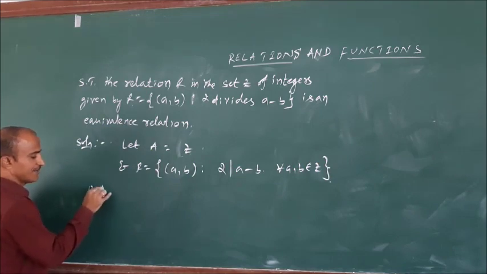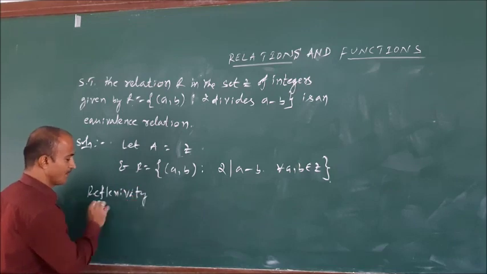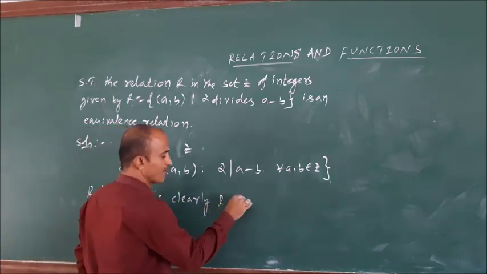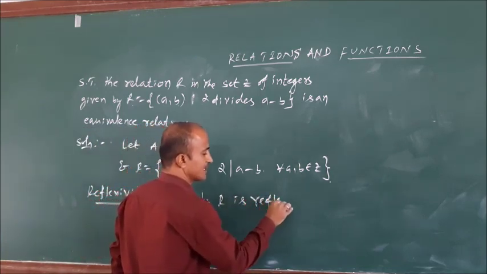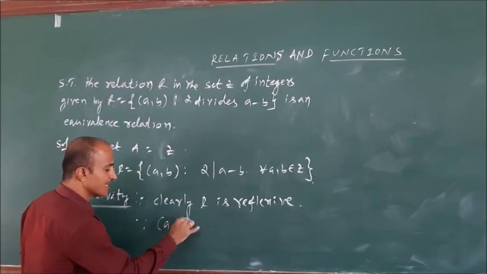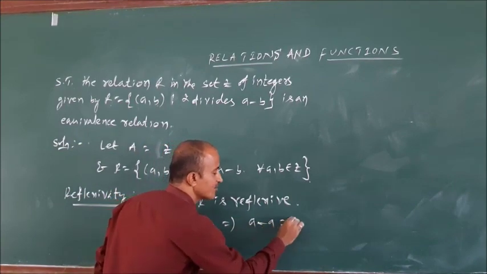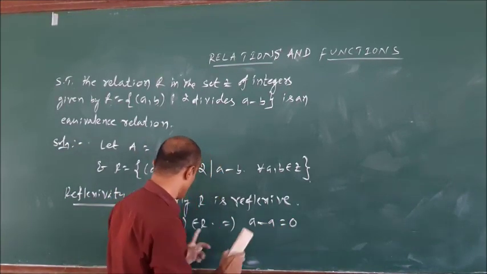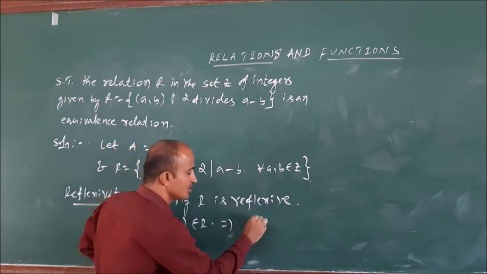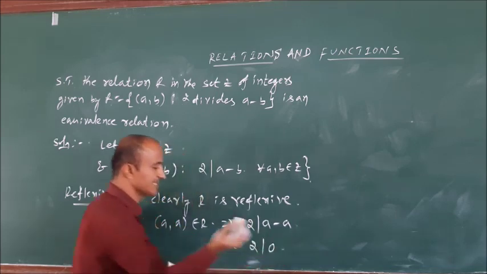Now examine the reflexivity of R. Clearly R is reflexive, because (a, a) belongs to R implies a minus a equals 0, which implies 2 divides a minus a, that is, 2 divides 0.